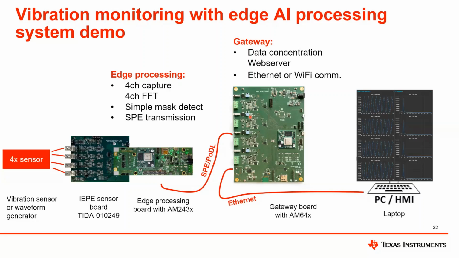It then can send this data over Ethernet to a higher level for processing, and at the same time it runs a web server where we can monitor through any web connection the time domain or frequency domain performance of our different sensors.